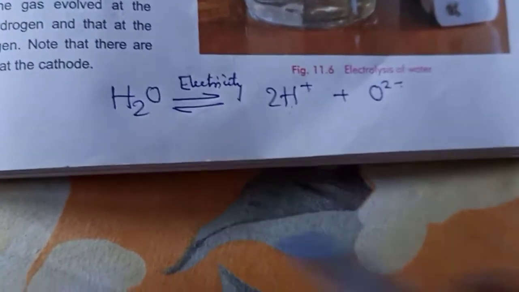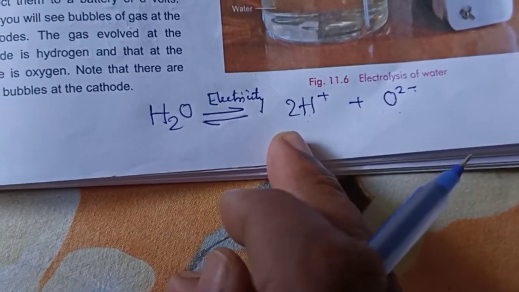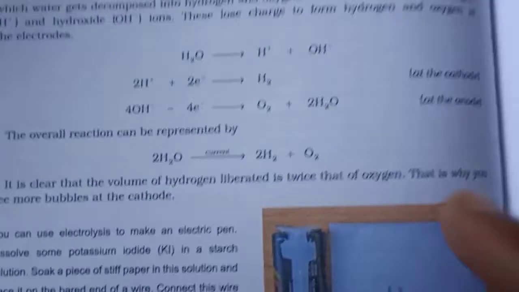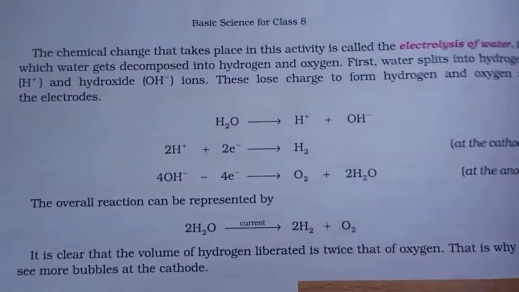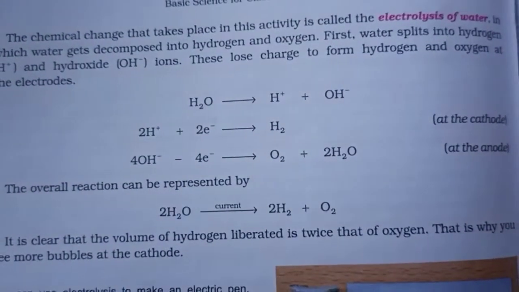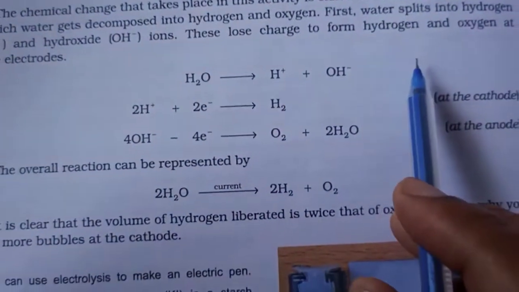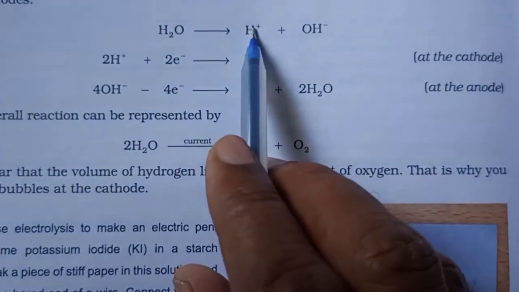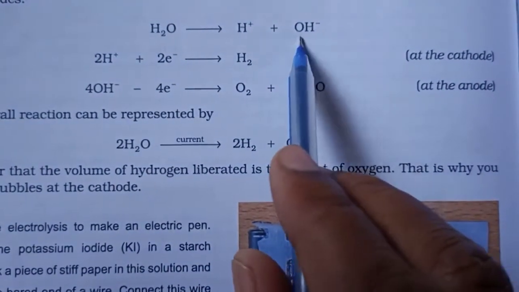See, what I had shown in this part is not in this direct way. In the next page it shows how it happens. When electricity is passed through the water and electrolysis is going on, first the water splits up into H+ and OH-.